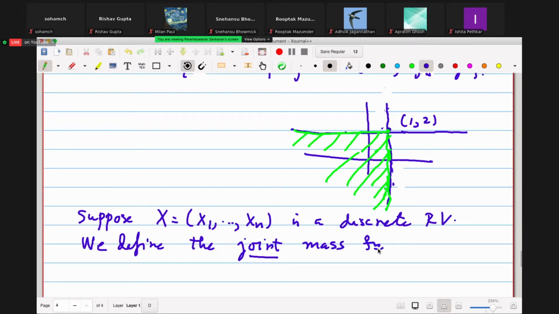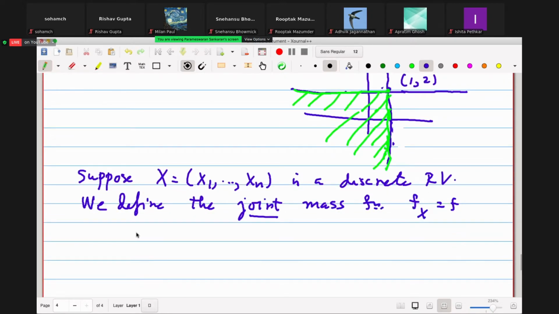Joint probability mass function f_X(x), exactly as before. This time you write x, but x means a vector, mind you.